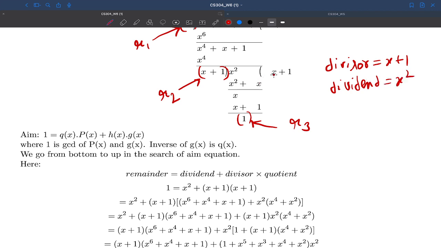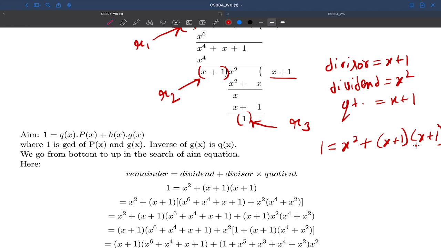What is the quotient? The quotient is x plus 1. So what I'm saying is that this remainder 1 can be expressed as dividend x square plus divisor x plus 1 times quotient x plus 1. So I can write it like this.